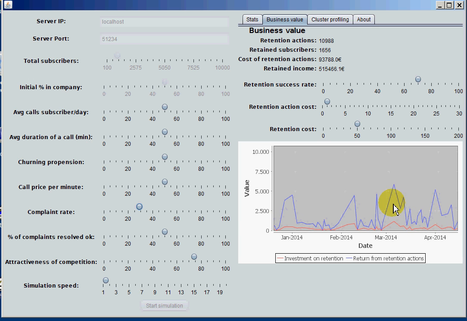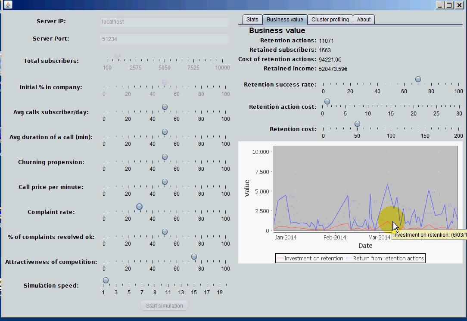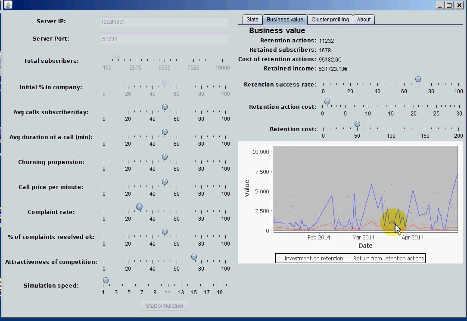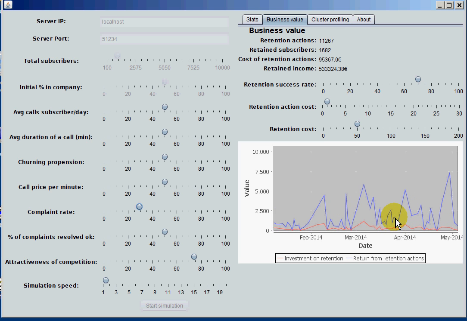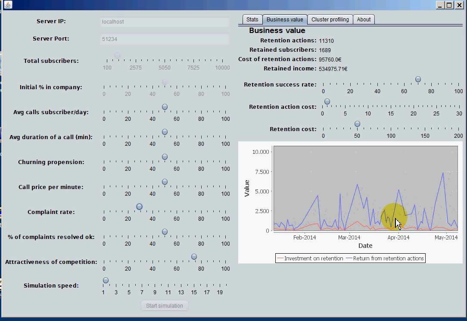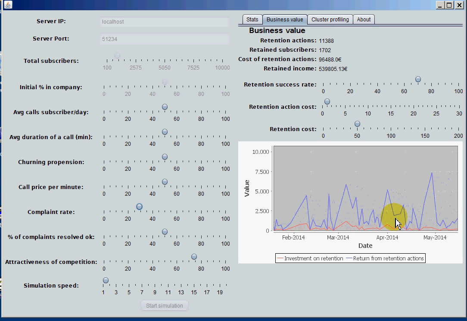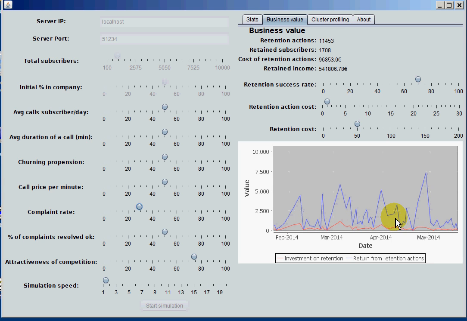So the difference among the two is the benefit obtained by using the churn prediction system. To have a high difference, of course, it is crucial to have good recall and good precision, so that we catch many churners before they leave, but also that we do not offer too many discounts to customers that are not going to leave us.